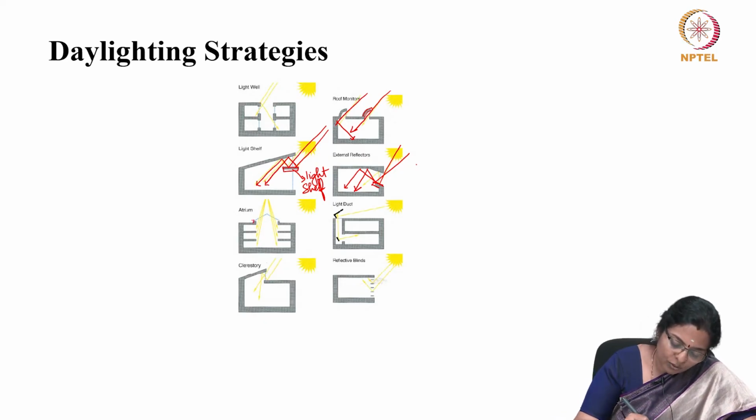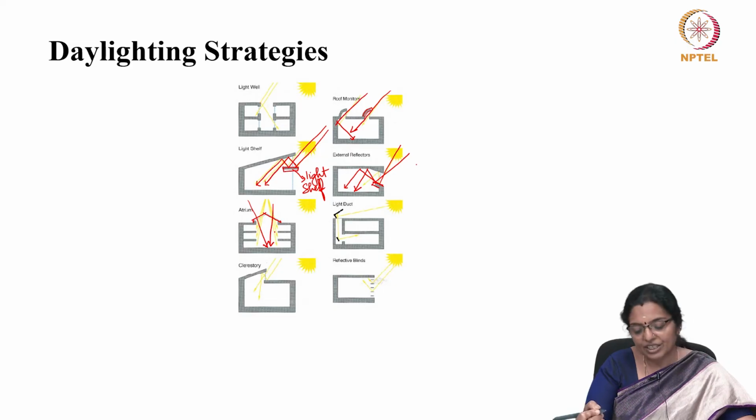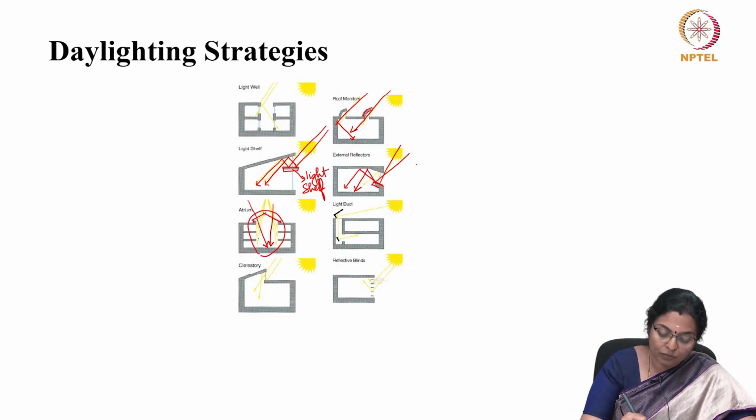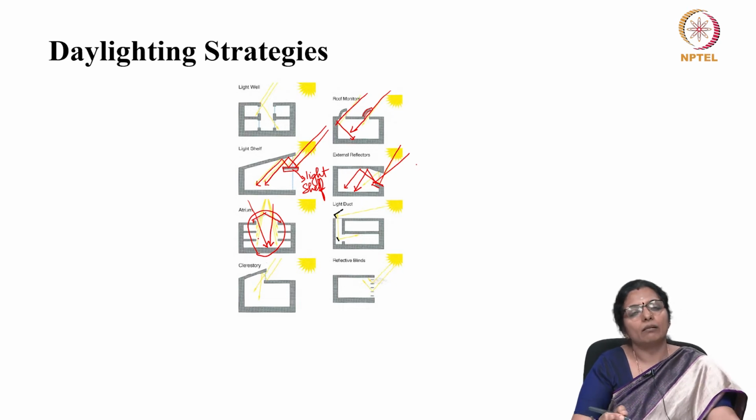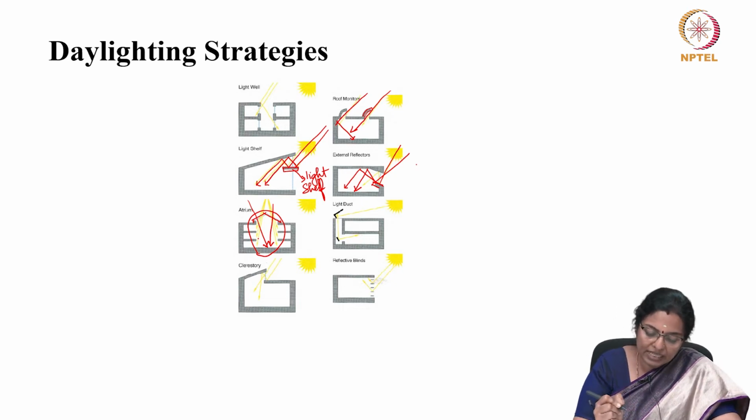Atriums are good source of light, but the small disadvantage with atrium is that it can allow direct solar radiation and make the space very warm. If it is a cold place, it is a worthwhile strategy to have an atrium.